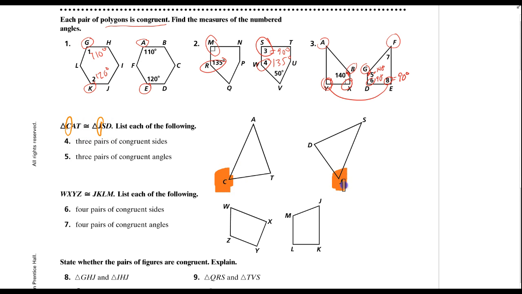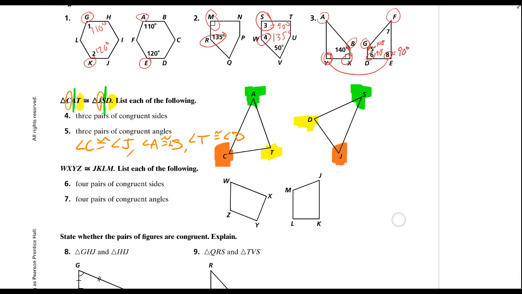C goes with J, A goes with S, and T would go with D. And so the answer for number 5 should be angle C is congruent to angle J, angle A is congruent to angle S, and angle T is congruent to angle D.